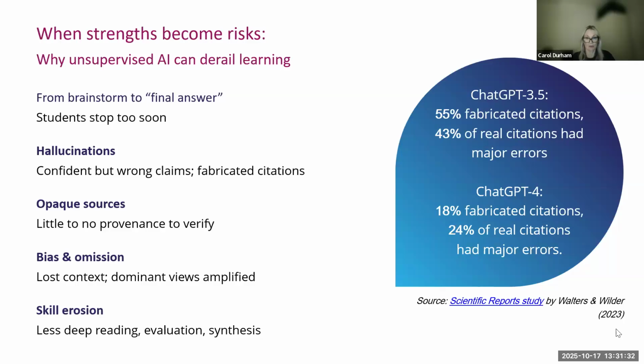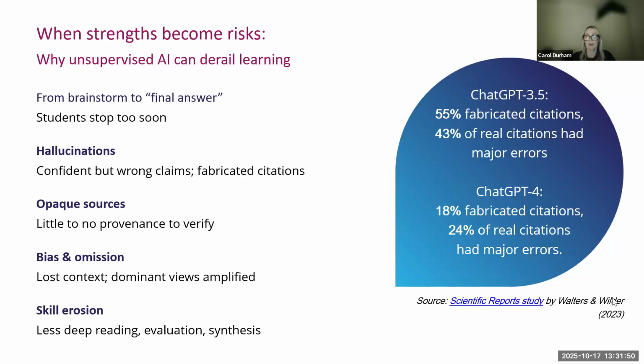And skills can erode. So users just tend to do less deep reading, they do less evaluation and synthesis, and that just means that they become more likely to accept information at face value instead of thinking critically or making their own informed judgments.